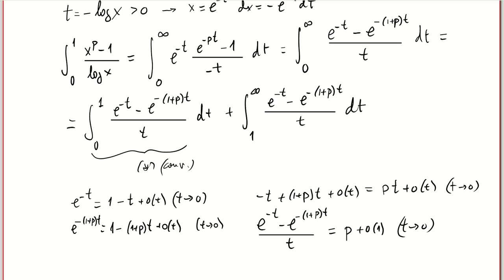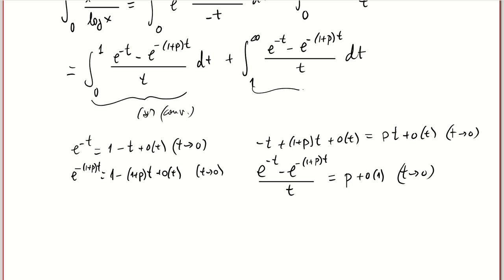Actually this one can be split in two integrals, right? Because now you don't have the problem of the 0. The denominator is never singular anymore because we're integrating from 1 to infinity.